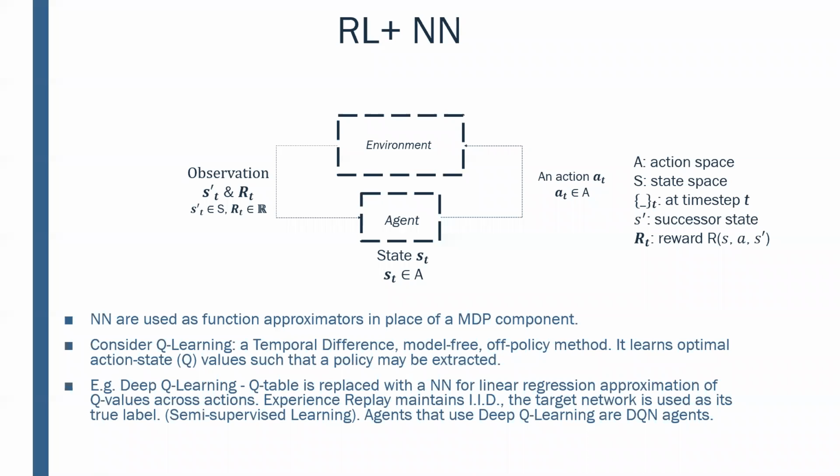So if we look down here, we are considering Q learning. Q learning is a reinforcement learning algorithm used to obtain optimal Q values, which are usually tabular, but in this case we are using deep Q learning, so a neural network replaces the table. And from those Q values, you can extract an optimal policy.